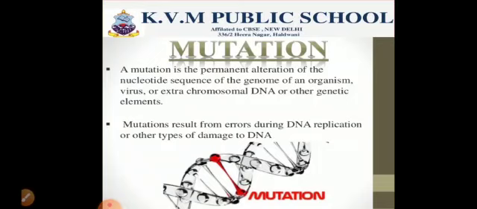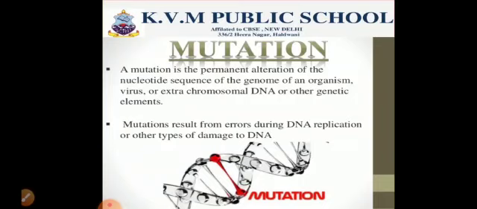The term mutation was coined by Hugo de Vries, who worked on Oenothera lamarckiana, or evening primrose. Mutations result from errors during DNA replication or other types of damage to the DNA.